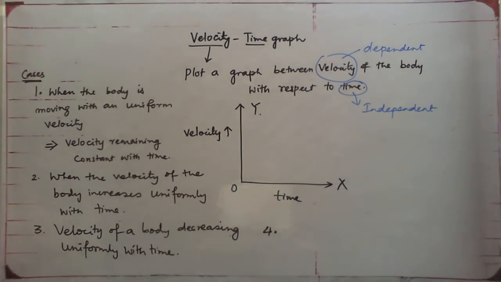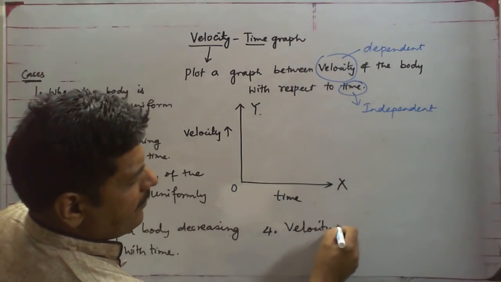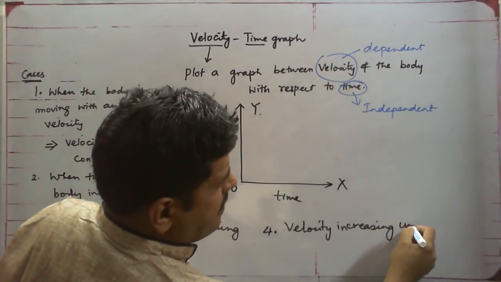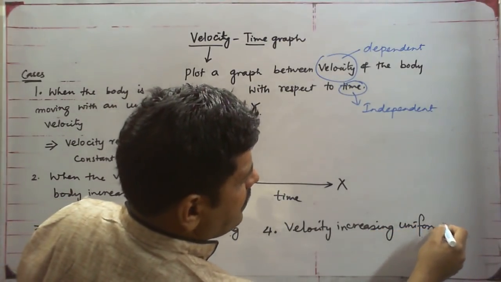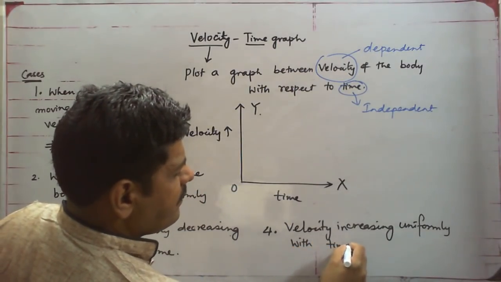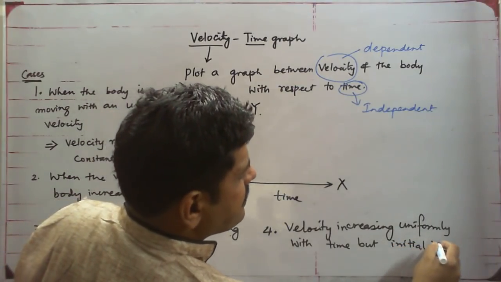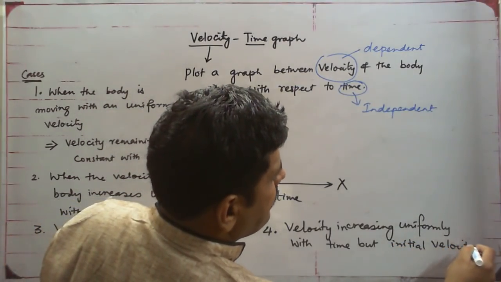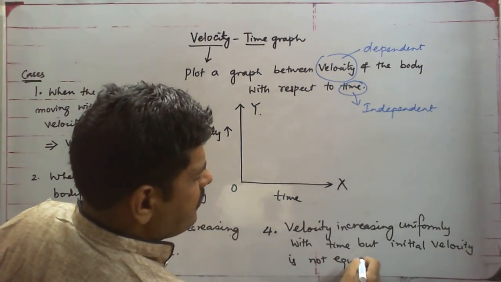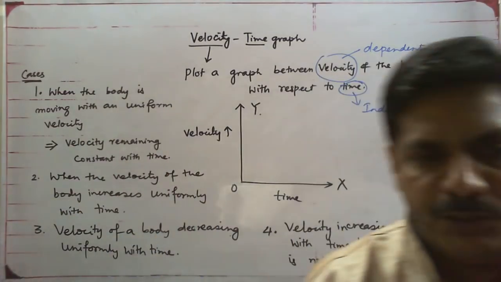The fourth condition is velocity increasing uniformly with time but initial velocity is not equal to 0. So there are 4 different cases we are going to consider.